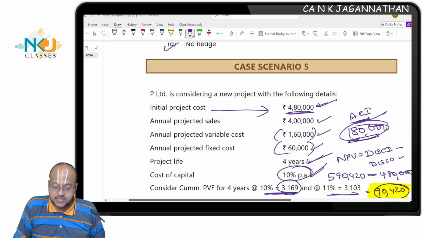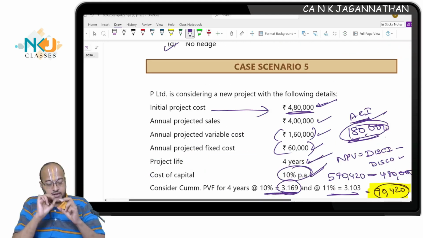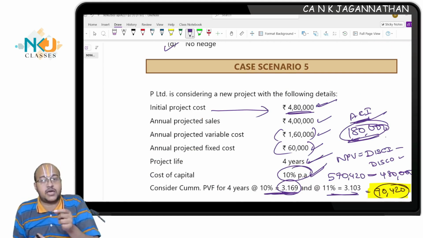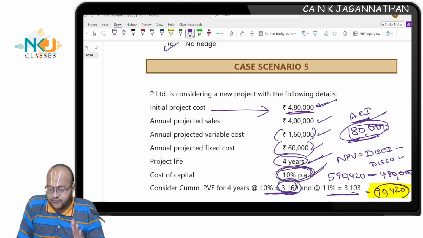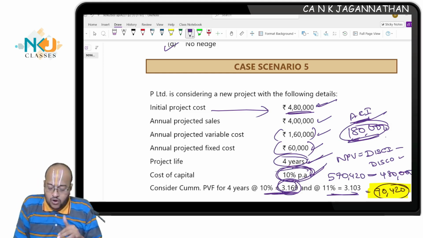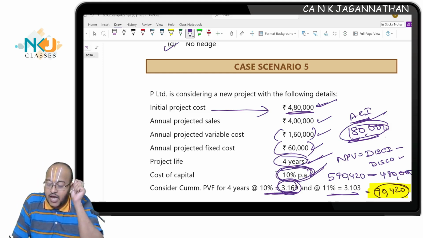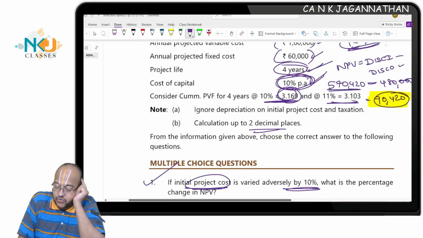When you find out the sensitivity, you should assume that only one factor changes. For example, in this question, they have asked the impact of the cost, right? So the other factors will remain same, which means you won't alter the cost of capital, the project life or the annual cash inflow. I already computed the discounted cash inflow, 5,70,420.